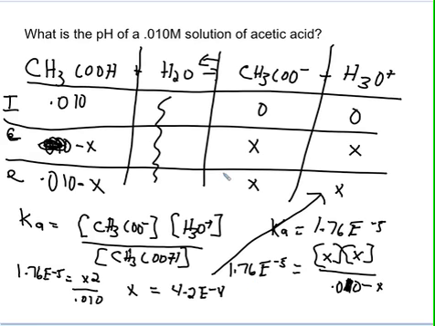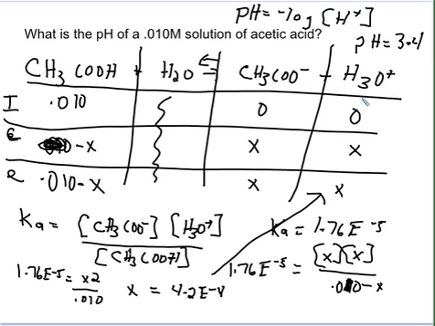So we can go back to our pH formula, pH is equal to the negative log of our H plus, which is the same as H3O plus. Plugging the 4.2 e to the minus 4 into this, we end up getting that our pH equals about 3.4.